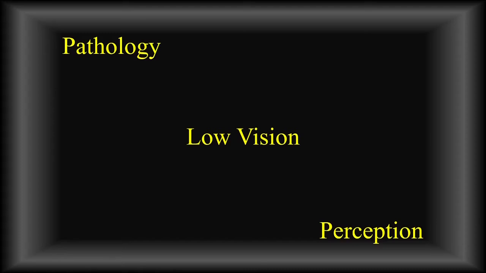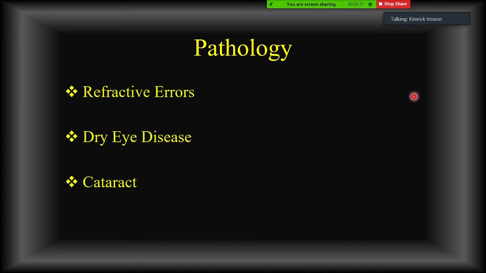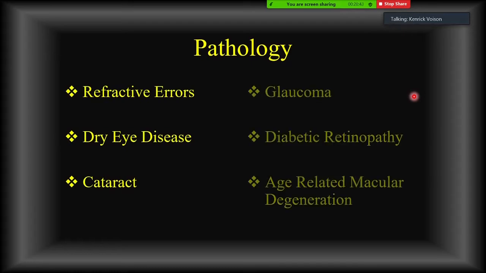Enjoy. So pathology basically deals with the diseases, and the causes and effects of certain diseases. What I want to look at today is refractive errors, dry eye disease, cataract, glaucoma, diabetic retinopathy, and age-related macular degeneration. The reason I'm sticking with these 6 is because these are the main ones that we see worldwide.